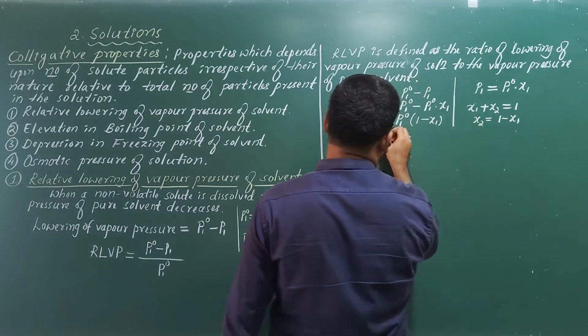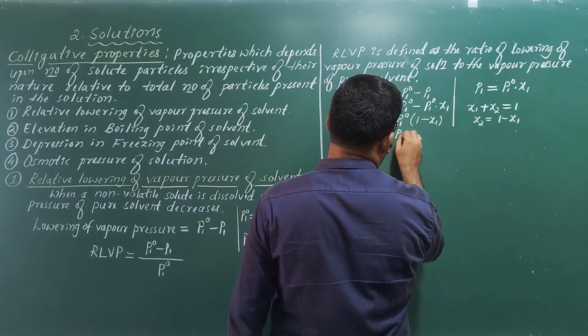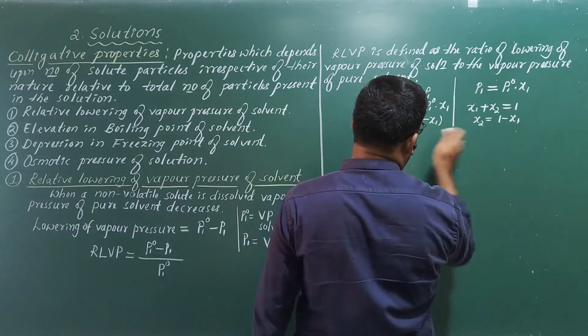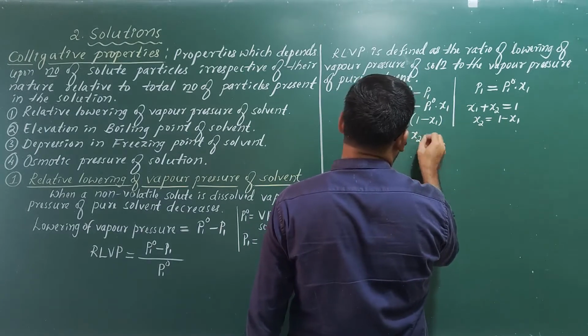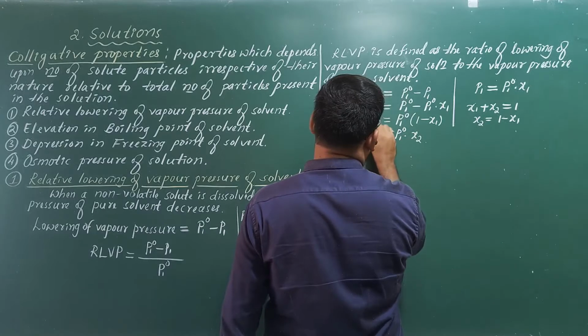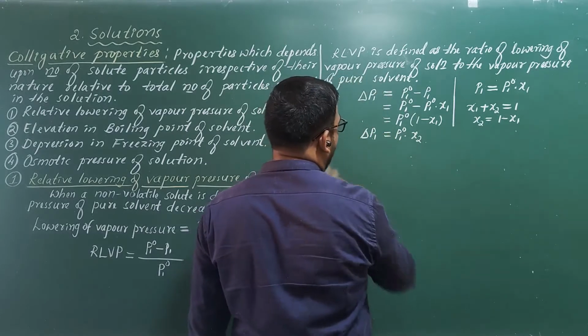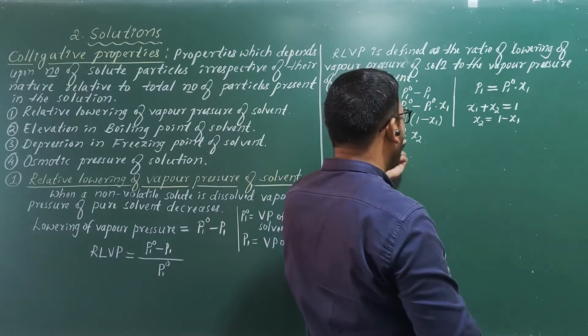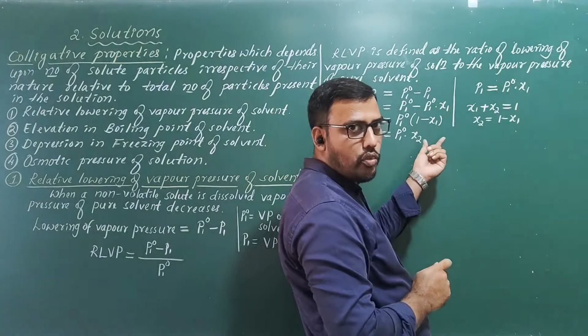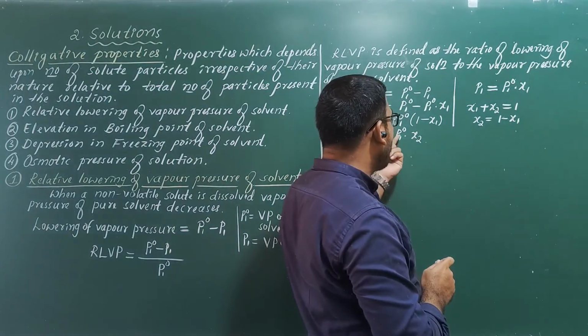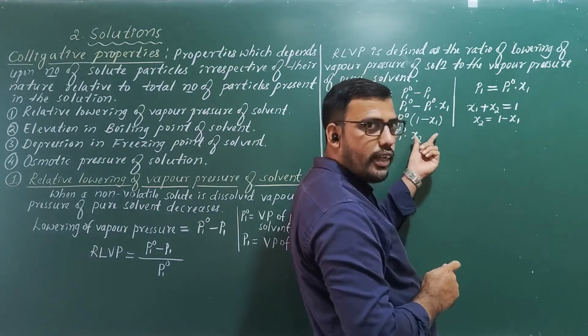Let us substitute: P1 naught into (1 minus x1) is x2. So this is delta P1. Now see here, delta P1 is equal to P1 naught into x2.